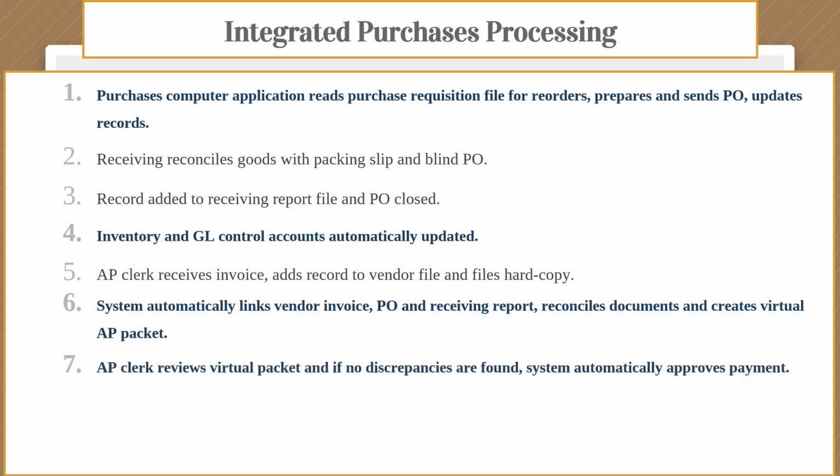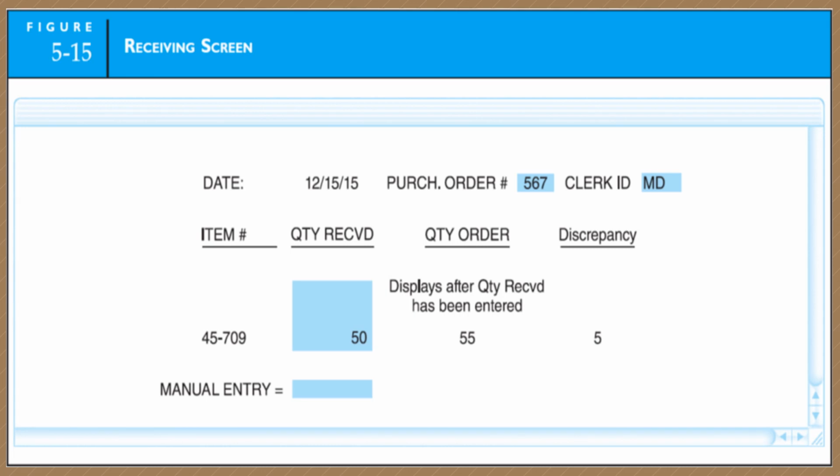Number seven, the accounts payable clerk reviews the virtual packet, and if no discrepancies or differences are found, the system automatically approves. You see here the receiving screen, which is digital documents.